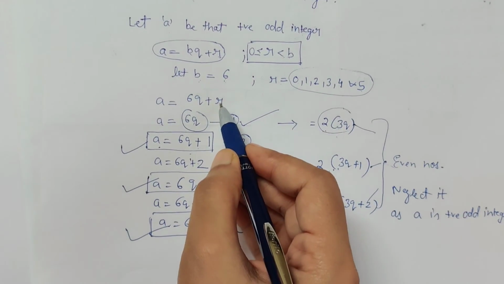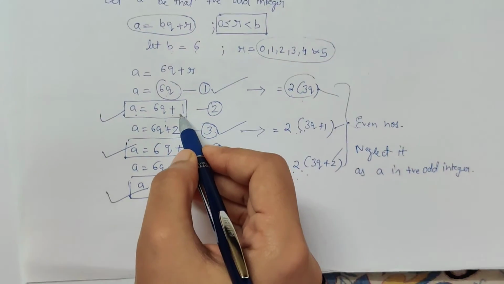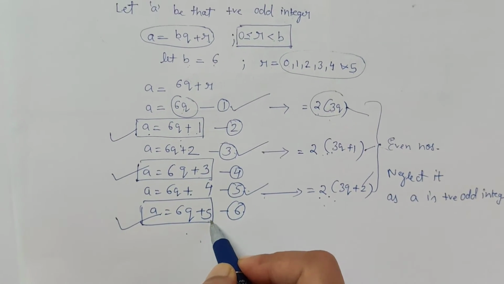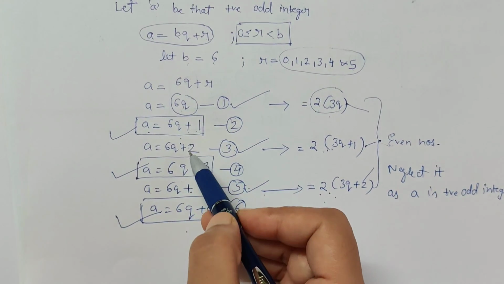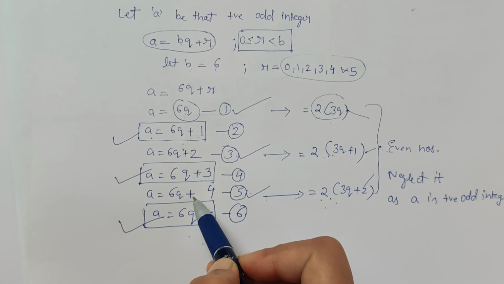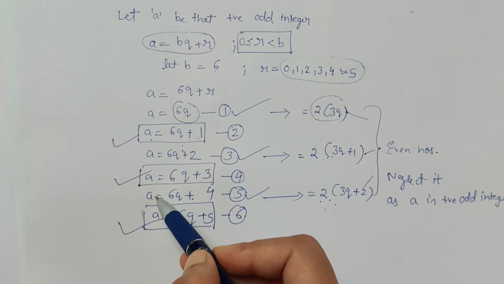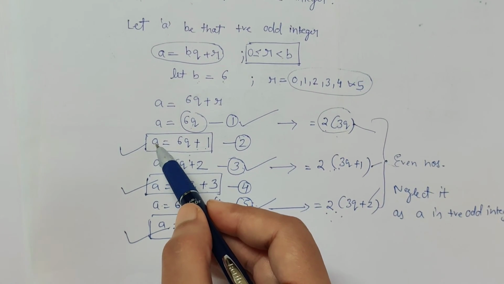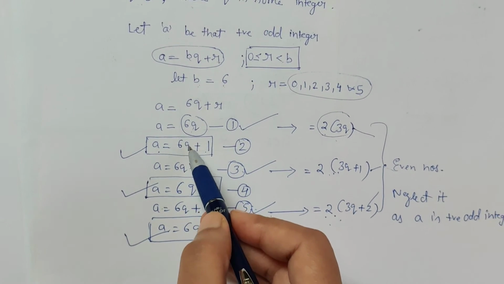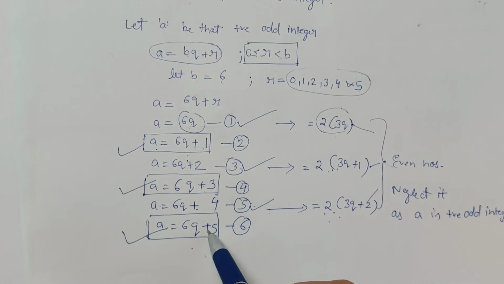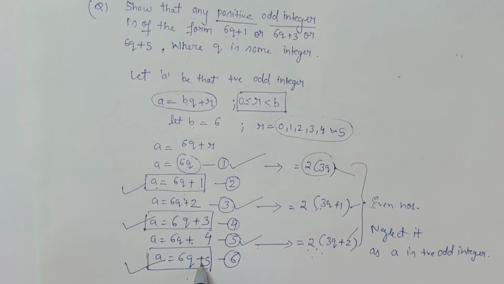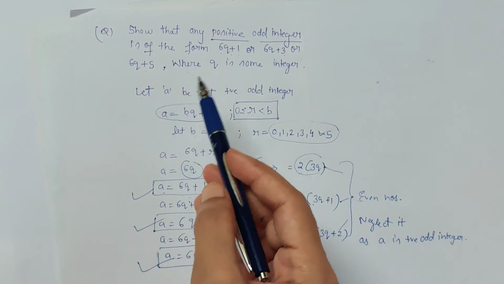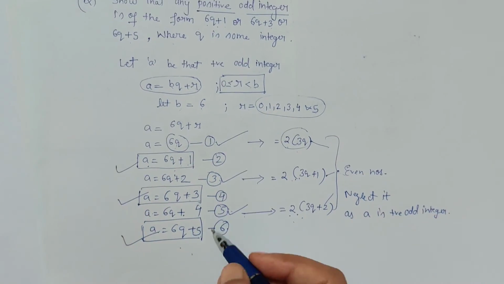If r is 0, it is only 6q; if r is 1, 6q plus 1, then 6q plus 2, 6q plus 3, 6q plus 4, 6q plus 5. As we can see, 6q, 6q plus 2 and 6q plus 4 are even, so we will neglect them because a is a positive odd integer, and the left out expressions for a are 6q plus 1, 6q plus 3 and 6q plus 5. So this is how we have to prove that any positive odd integer is of this form. That's it. Thank you.